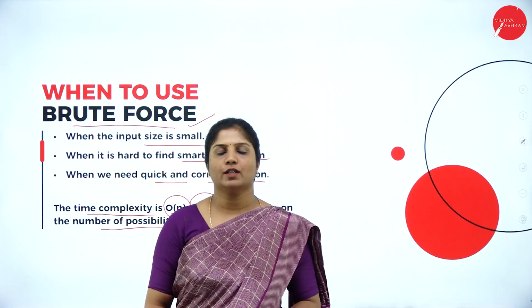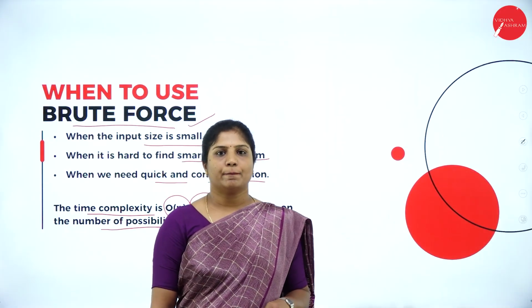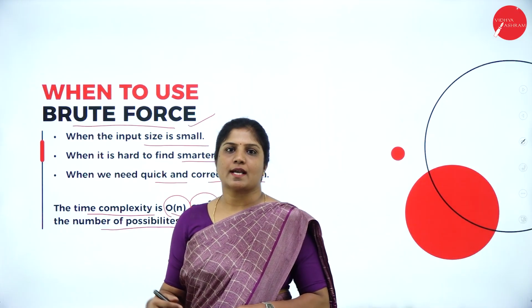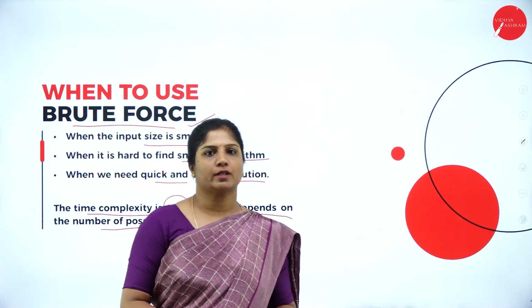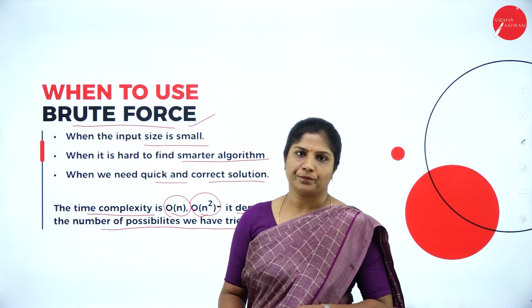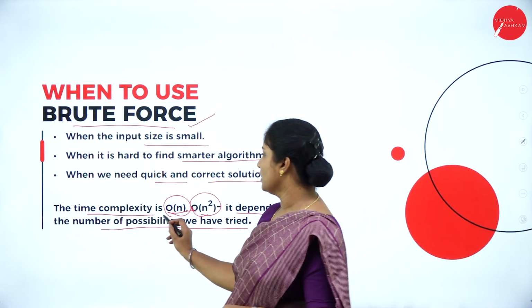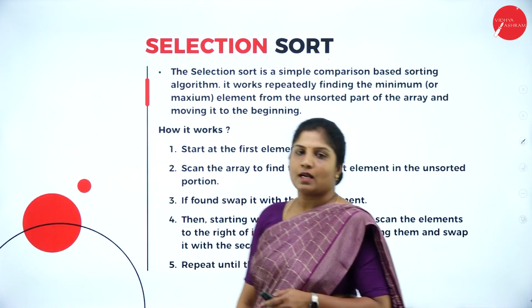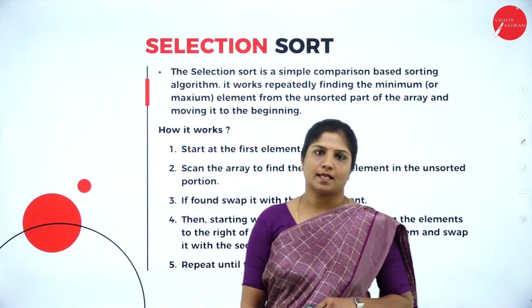The time complexity of the brute force algorithm depends on the size of the input. So if the input size increases, the execution time also increases. So depending on that, we will finalize the time complexity, that is big O of n or big O of n square.